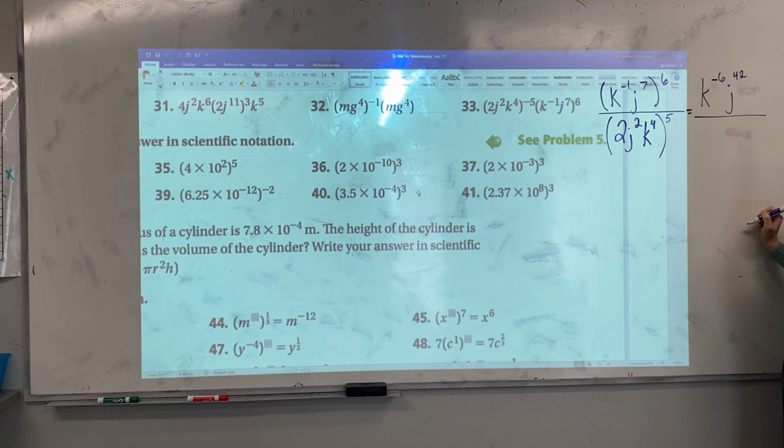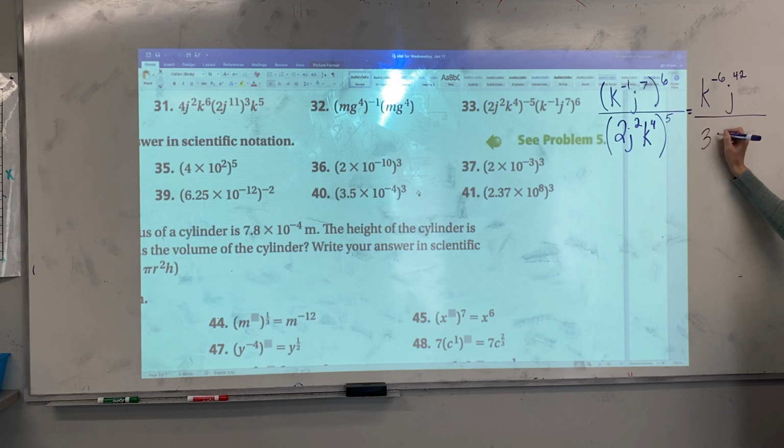Okay, and then on the bottom we have 2 to the 5th power. What's that? You can do it on your calculator. 2 times 2 is 4, 4 times 2 is 8, 8 times 2 is 16, 16 times 2 is 32.